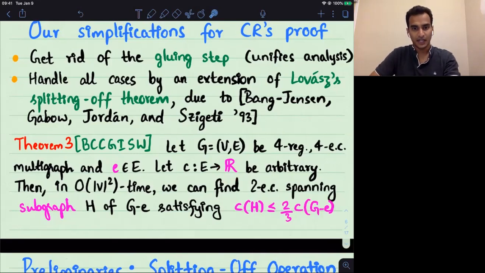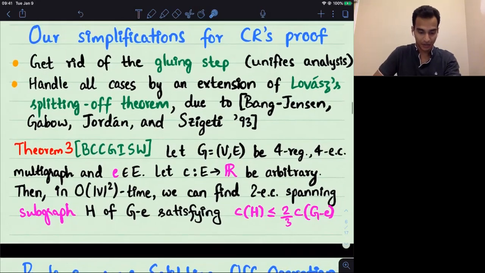Then in order n squared time, we can find a 2-edge connected spanning subgraph H, which excludes the edge E, and the cost of H is within 2/3 the cost of G minus E. Again, note that it is a subgraph. What this means is that each edge in H appears at most once, and we use at most one copy of an edge in G in H.